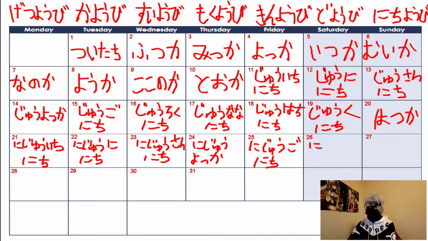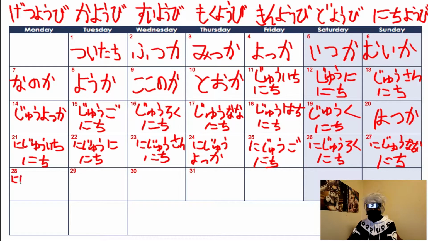26 is 26日. 27 is 27, add nichi. 27日. 28 is 28, add nichi. 29 that's special, 29日.